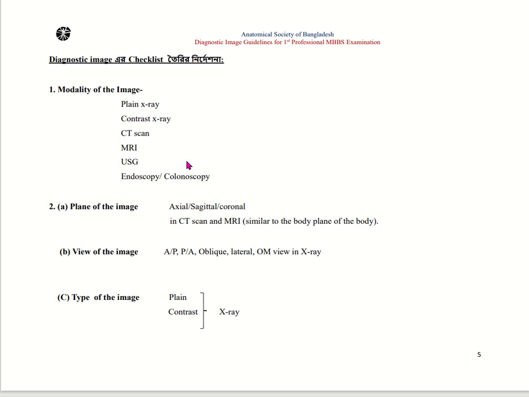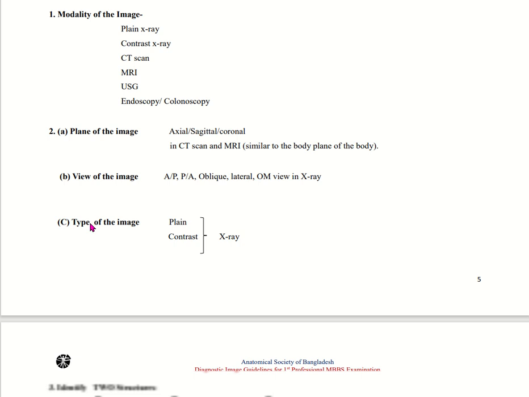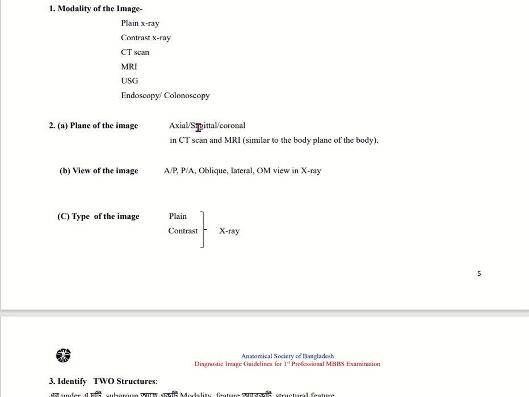Following are the modalities of the image: plain X-ray, contrast X-ray, CT scan, MRI, ultrasound, endoscopy, colonoscopy. And number 2, you have to identify the plane of the image.